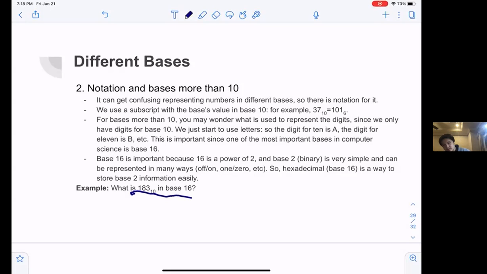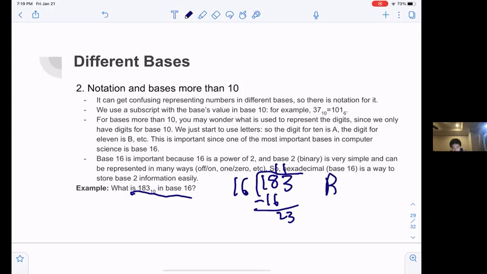All right, so I see I've gotten all right answers. So first step, as I've said before, we should have B as our first digit. 23 is our remainder.